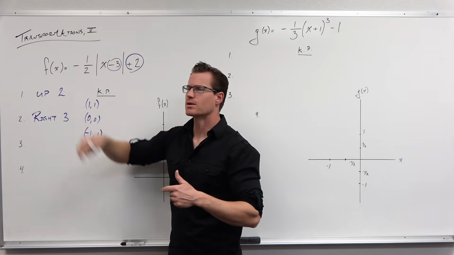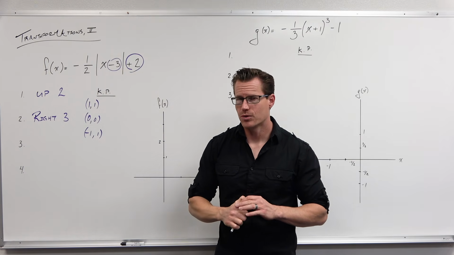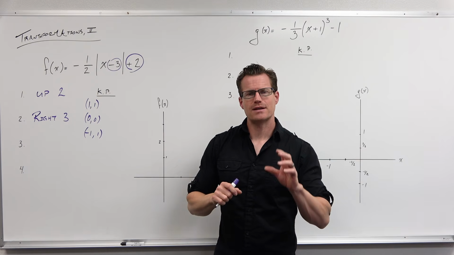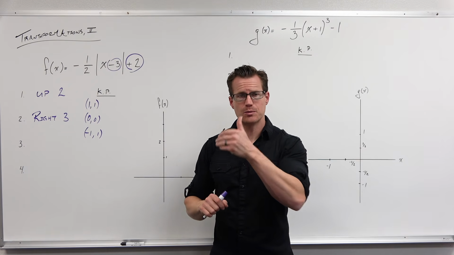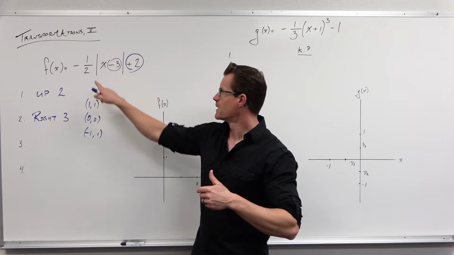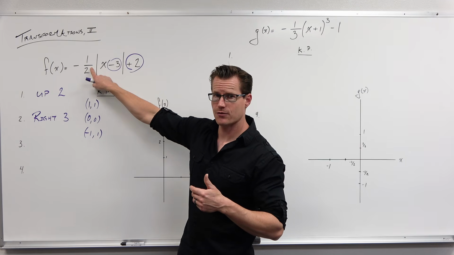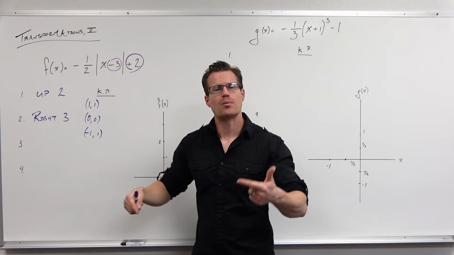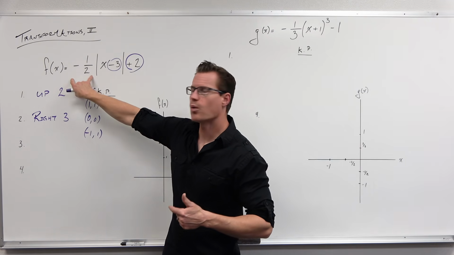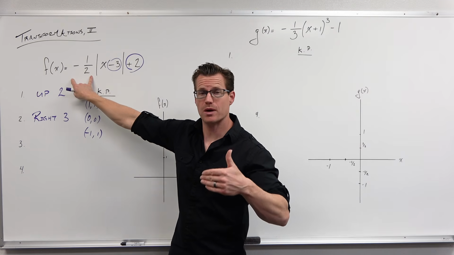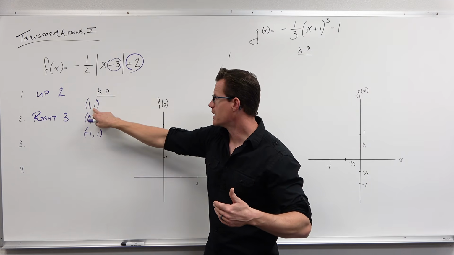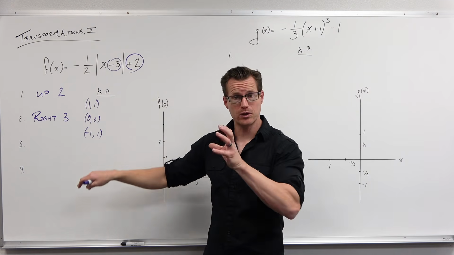Now we look out front and say, okay, that's also affecting the output, but in a little bit of a different way. That's affecting the output value multiplicatively. So it's affecting it by multiplying the output by 1/2 and a negative. Now, practically, we treat those as one thing. So we're going to multiply this output in just a minute by -1/2, both of them together.